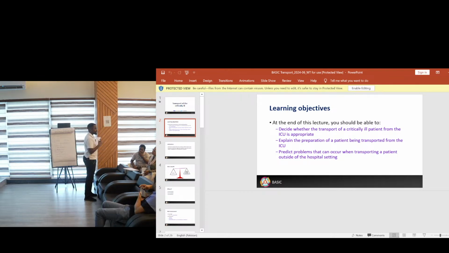If they're on the ventilator, you need to find the oxygen consumption for the patient who is on a ventilator. For a ventilated patient, you're going to take the minute volume times the FiO2, and then you get your oxygen consumption.